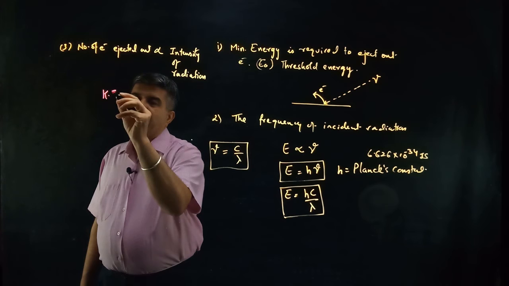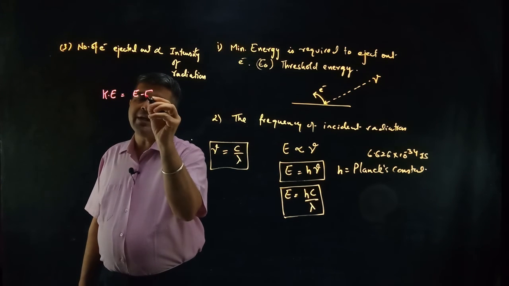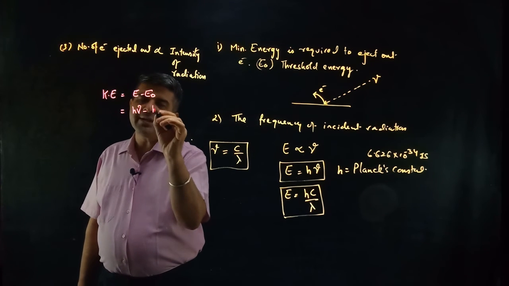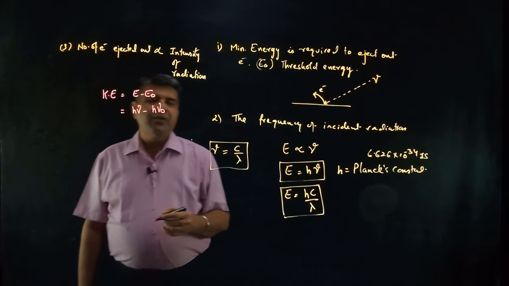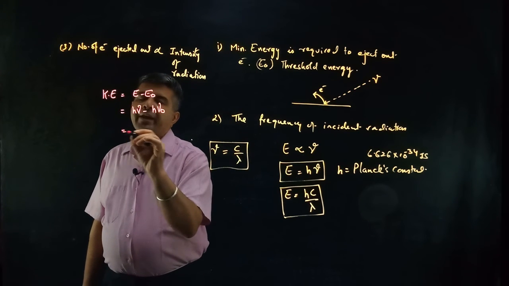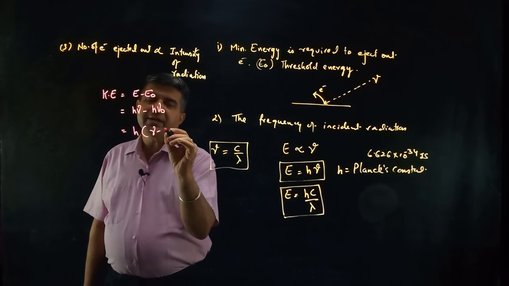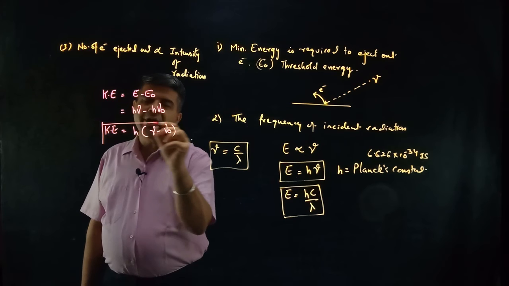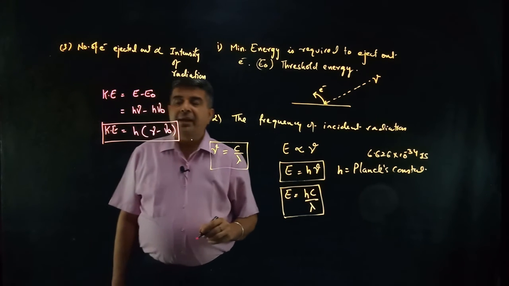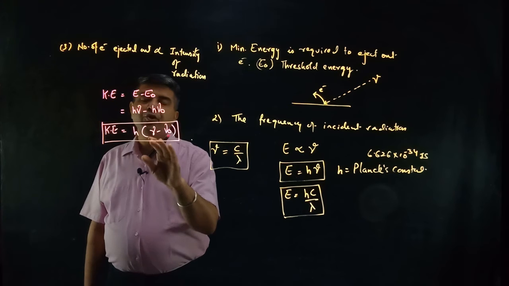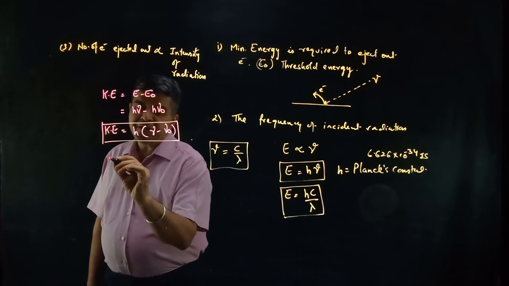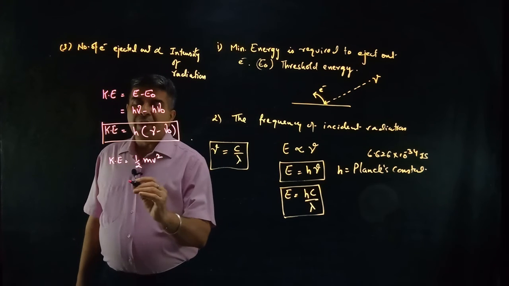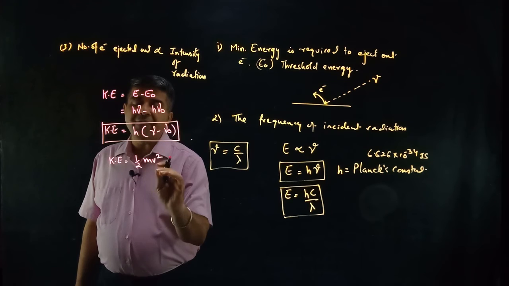Kinetic energy of an ejected electron would be given by E minus E naught, and reshuffling it, it would be h nu minus h nu naught, where nu naught is threshold frequency. So we can have h into nu minus nu naught. So kinetic energy of ejected electron according to Planck's quantum theory is given by h into nu minus nu naught, or kinetic energy is given by half mv square.